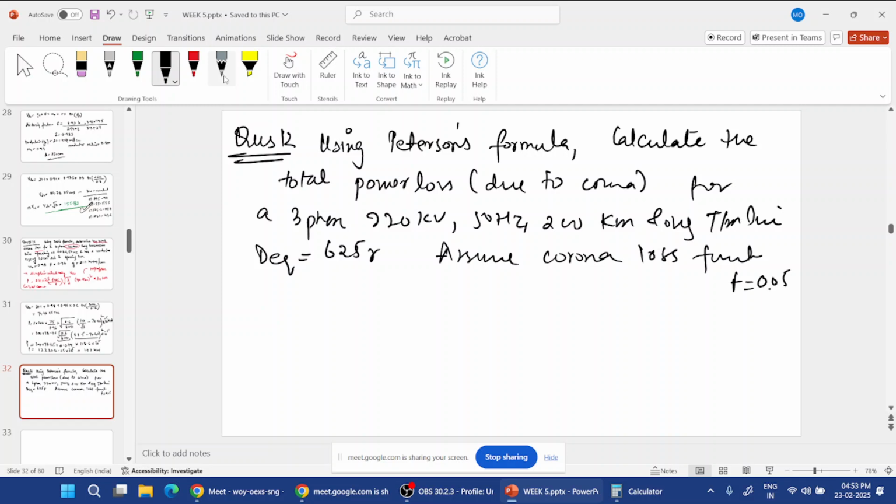So first of all, what is Peterson's formula?